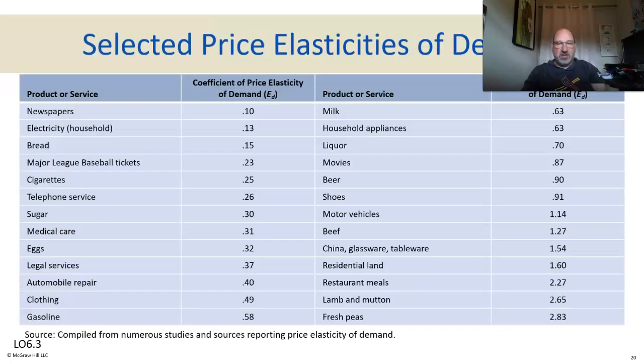So here are some selected price elasticities of demand. This list is from your book, and I don't agree with a lot of these, so I have another list next. Newspapers at 0.1, I don't agree with that. How many people are still reading newspapers? Electricity for the household, 0.13, that might be right. Bread at 0.15. Major League Baseball tickets at 0.23, I don't really agree with. I'm a massive baseball fan.